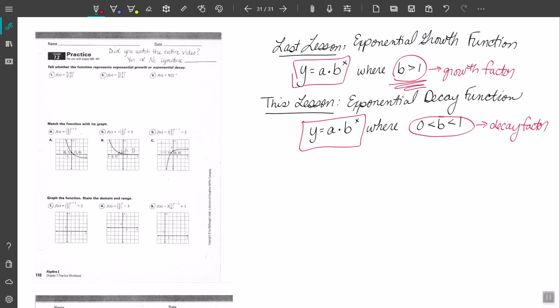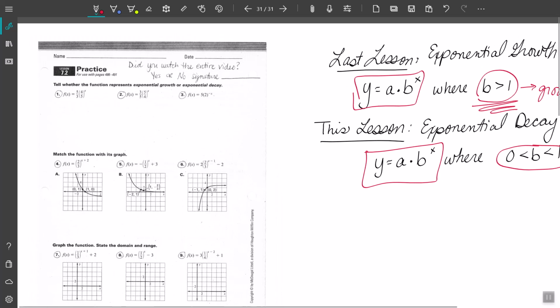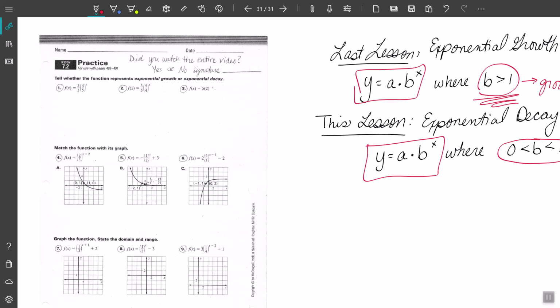So if we look over at 1 through 3 on the worksheet, and they ask us to decide whether the function shows growth or decay, what we're looking at is the b exponent, the b factor. Okay, so for f of x equals 5/3 times 4/5 to the x power, the b variable is always what is being raised to the x exponent. So that's the b to the x part. Then what it's being multiplied by out here is that a factor.